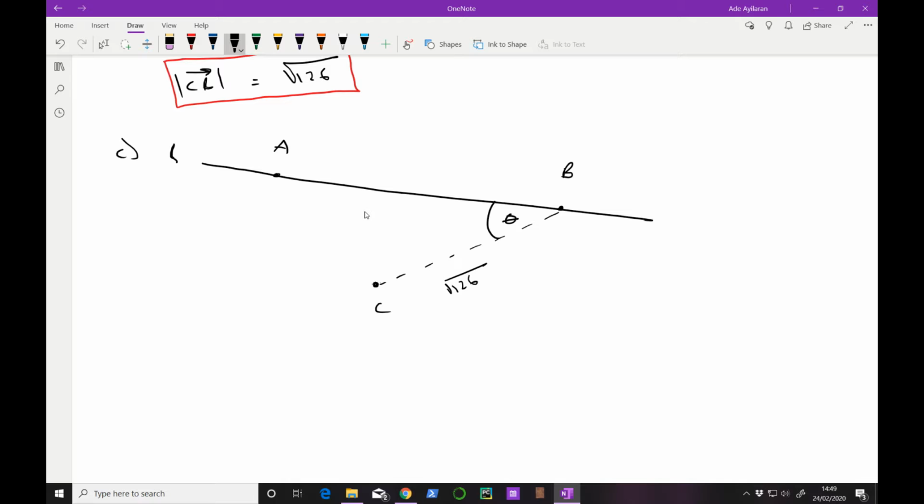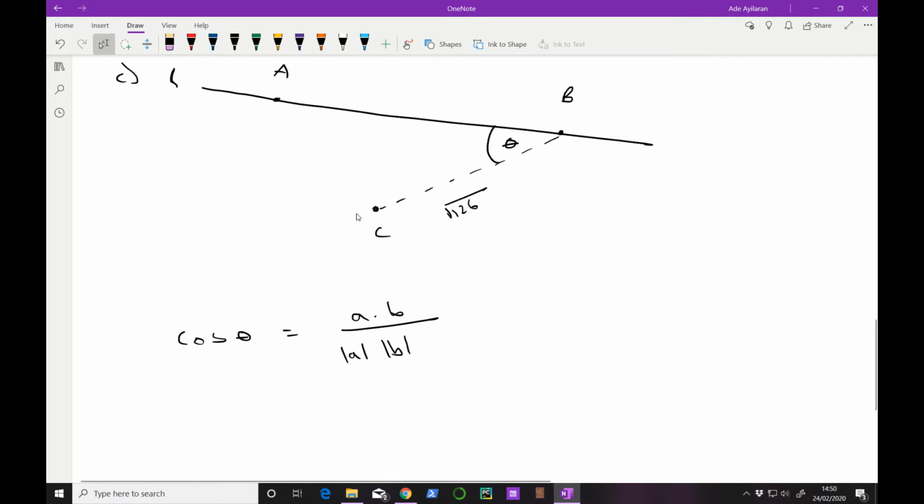Well, that's easy now that we know exactly what we're doing, because all we're really doing in this case is using dot product to find the angle between the direction of L and the direction of CB. So if we remind ourselves what dot product is, the full expression is cos theta equals A dot B, which is the dot product, divided by the magnitude of the first vector multiplied by the magnitude of the second vector.